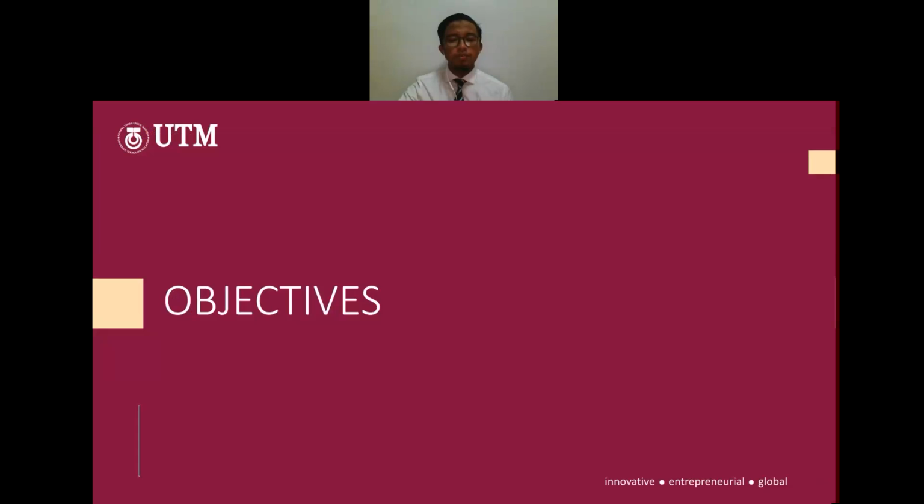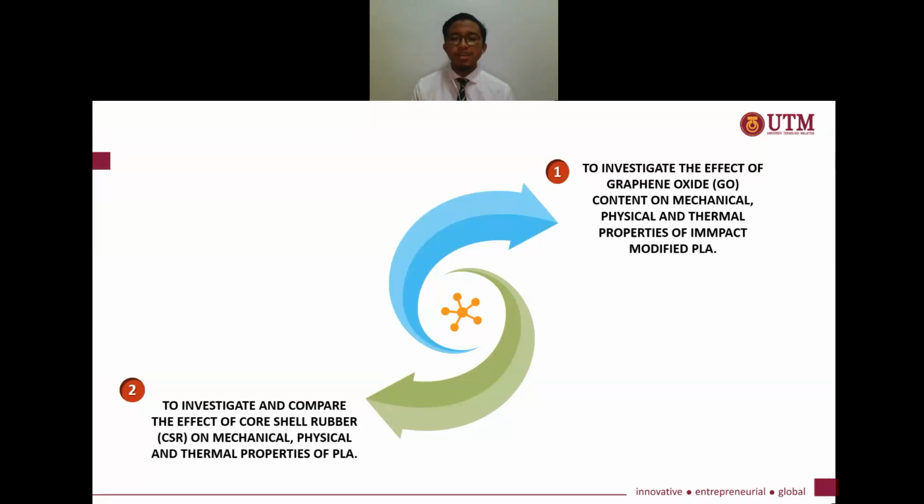So the objective of my project is to investigate the effect of graphene oxide content on the mechanical, physical, and thermal properties of impact modified PLA. The other objective is to investigate and compare the effect of kosher rubber as a blend on the mechanical, physical, and thermal properties of PLA.